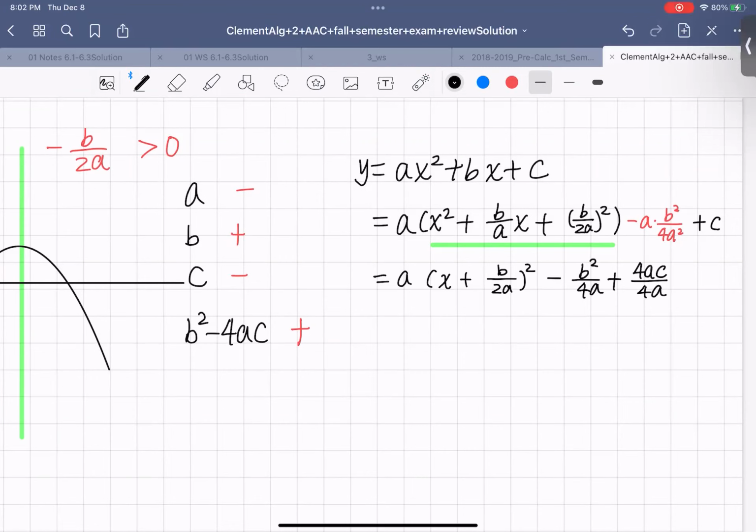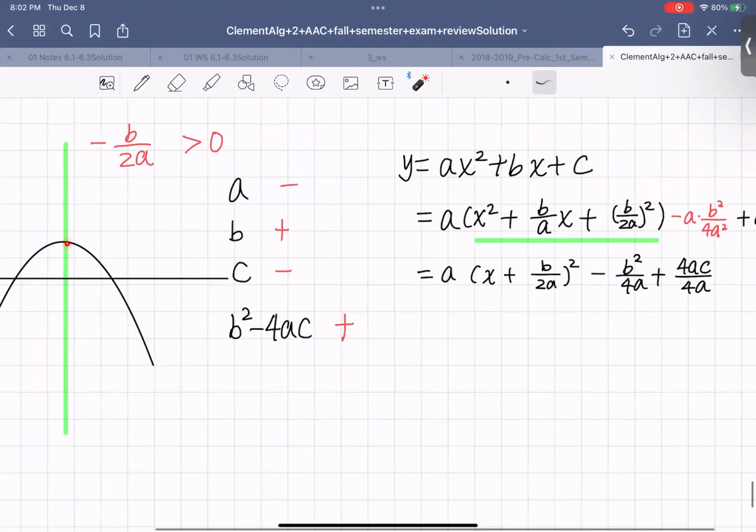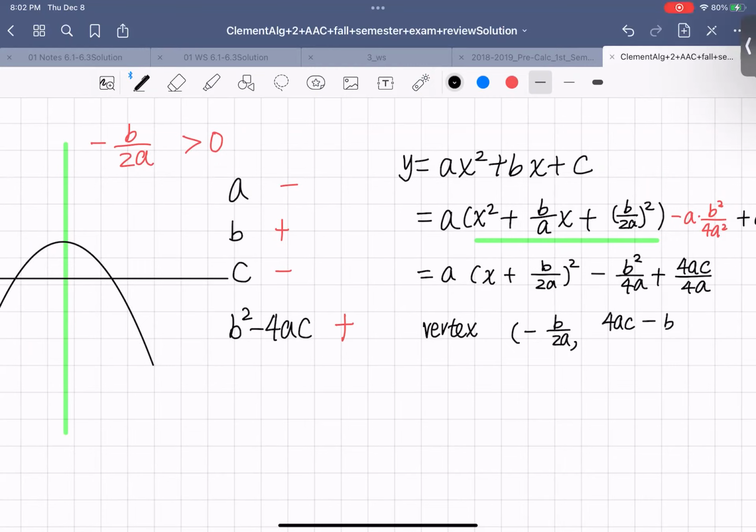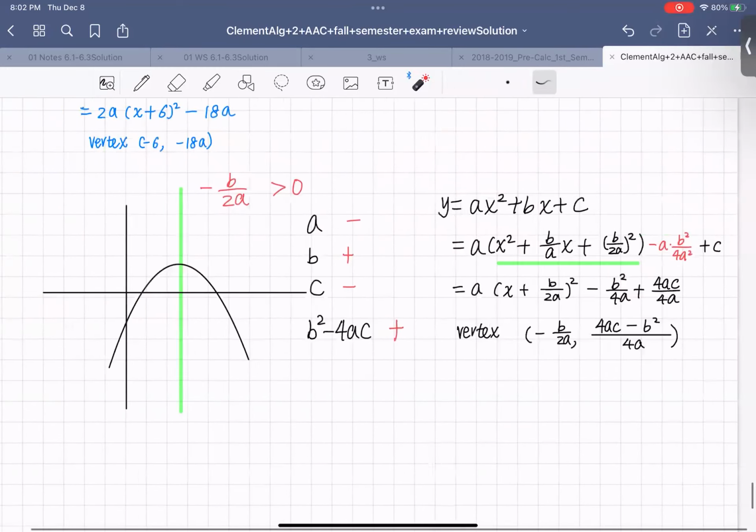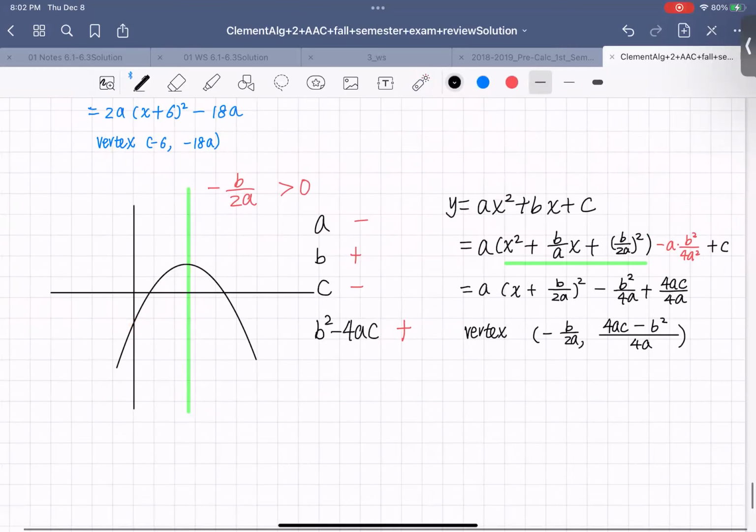So the vertex is negative b over 2a, and then c minus b squared over 4a. That's the vertex position. The y-intercept is 0, c.